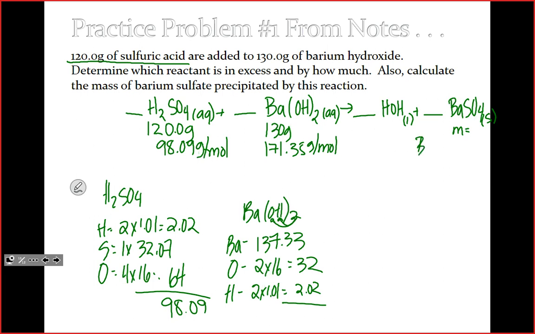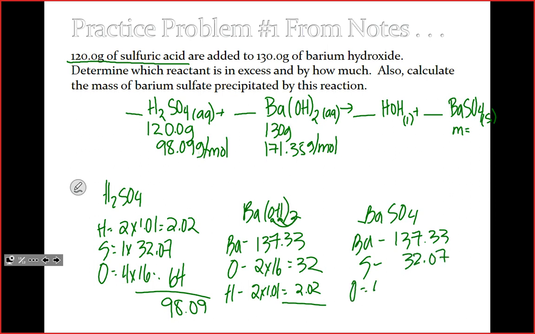So barium, oops, I'll do it here. Barium sulfate. So barium is 137.33. Sulfur is 32.07. And oxygen is 4 times 16, which we did already, at 64.